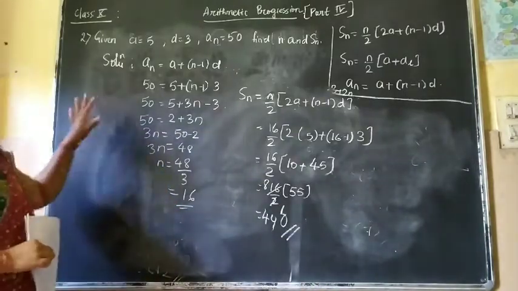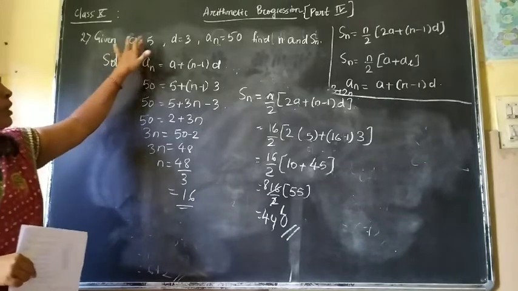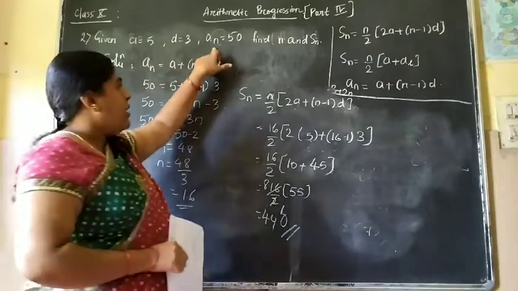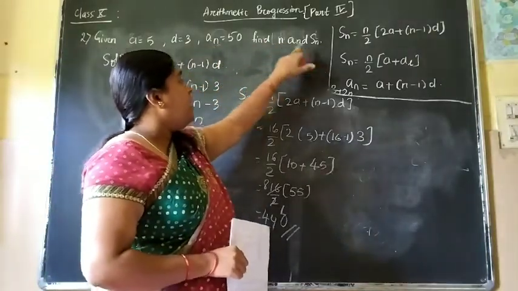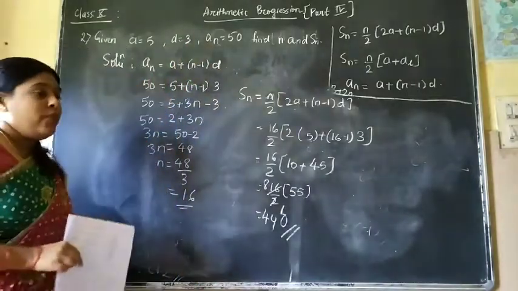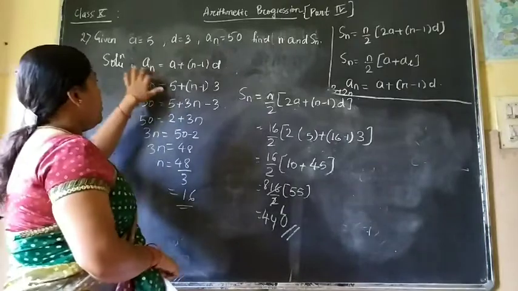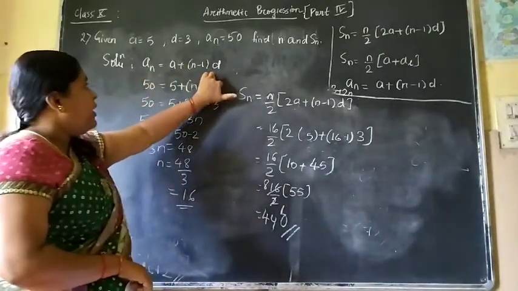I will explain you once again. Here they have given us the value of a, the common difference, and the nth term, which is 50. So we need to find the value of n and Sn. Since they have given us the value of the nth term, we use the formula for the nth term, an is equal to a plus n minus 1 into d.